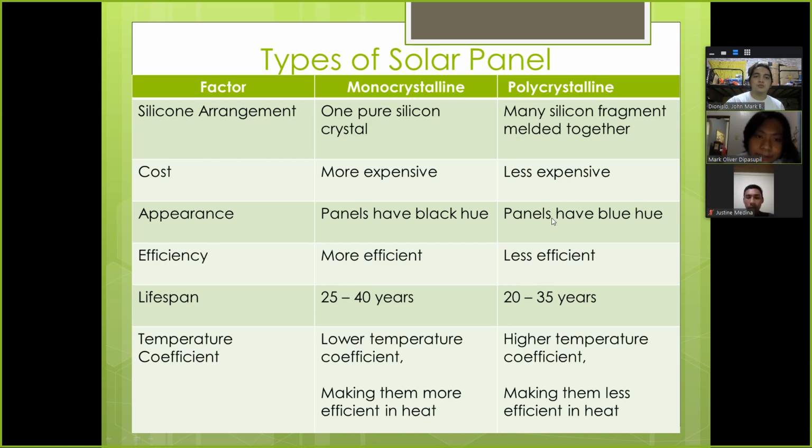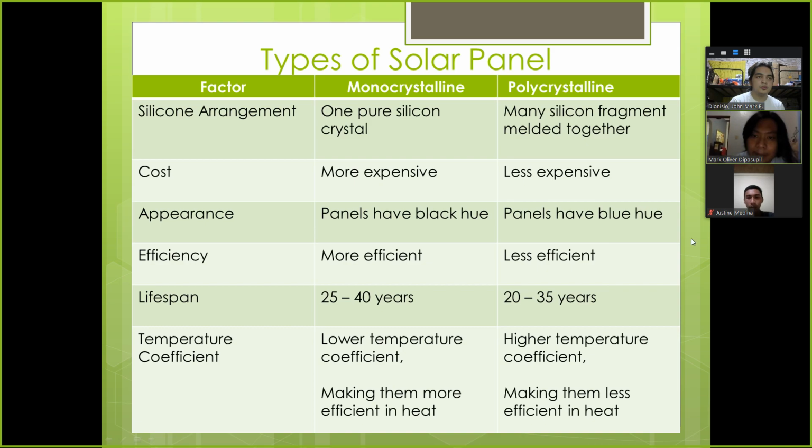So, efficiency. Yung monocrystalline, more efficient siya, kaya mas mahal din siya. Yung naman polycrystalline, less efficient siya kumpara sa monocrystalline, pero less expensive siya. Naging more efficient siya kasi nga isang buong piece siya na silicon.